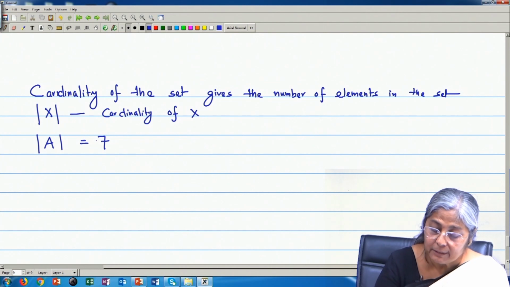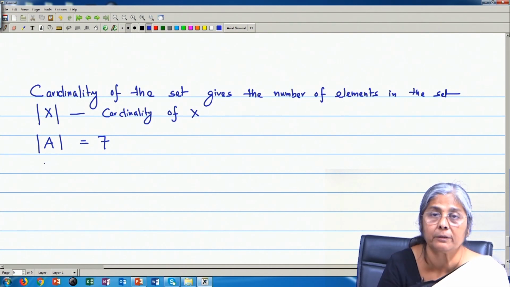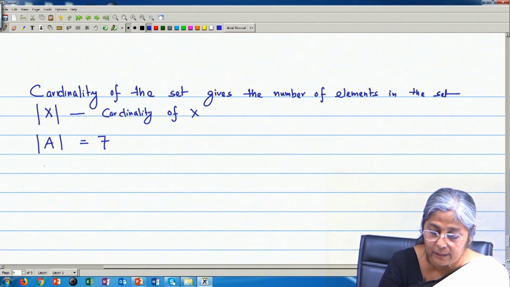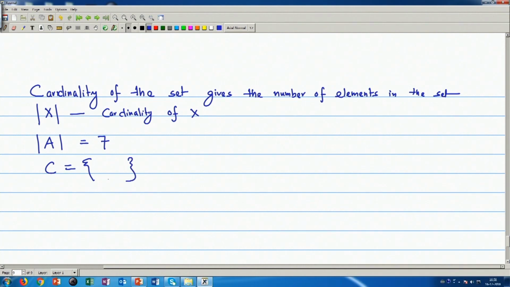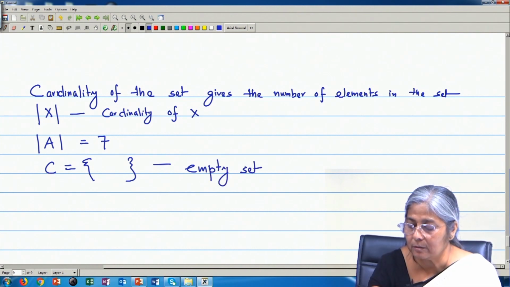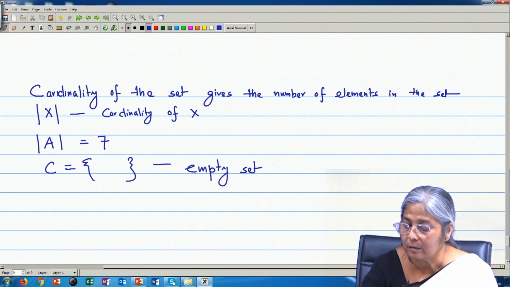Now, there can be some set where no element is there. That means, I have a set where there is no element. Normally this is called an empty set, or null set, or void.